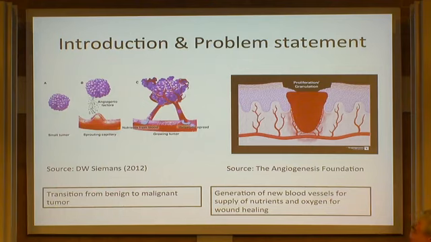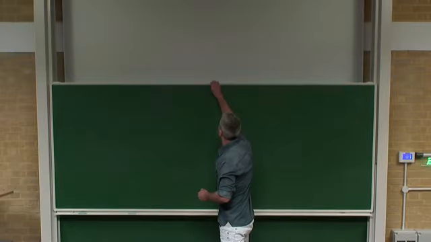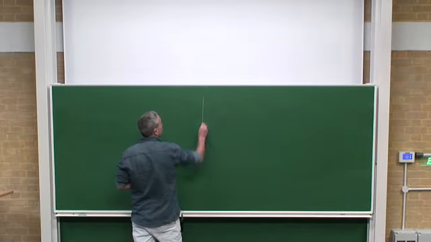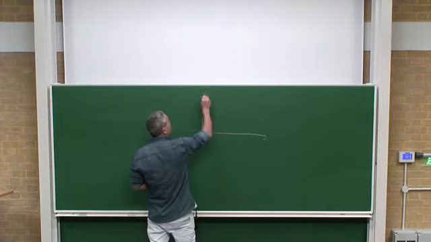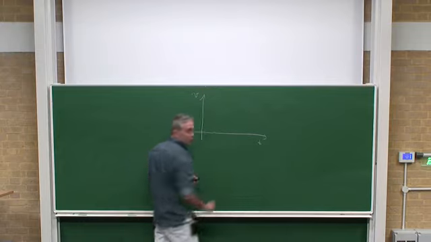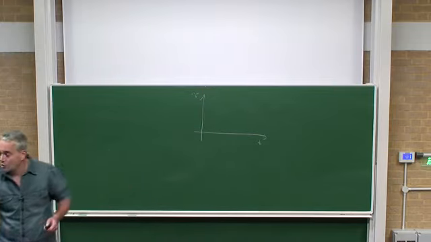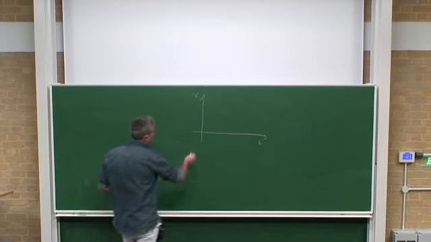Okay. So let me sketch the process of angiogenesis as a sub-process in many processes in the human body, in mammalian bodies. For instance, you can see here a schematic of a tumor. What typically happens is that if you look at the volume of a tumor as a function of time, in the early stages the cells are dividing and the tumor is growing.